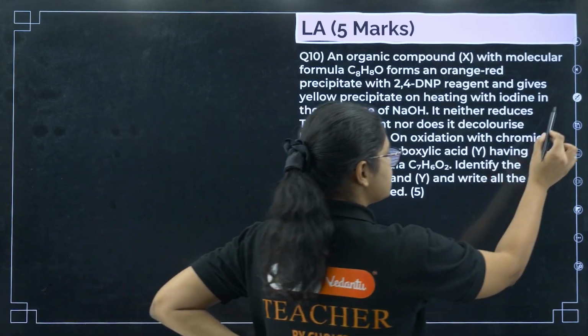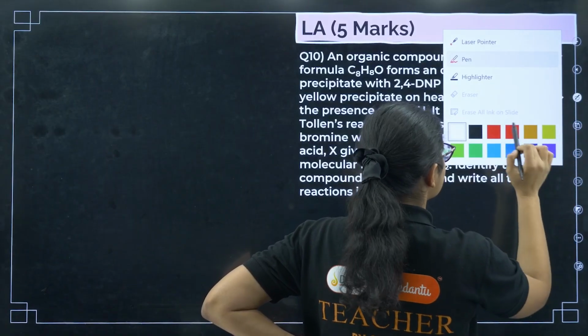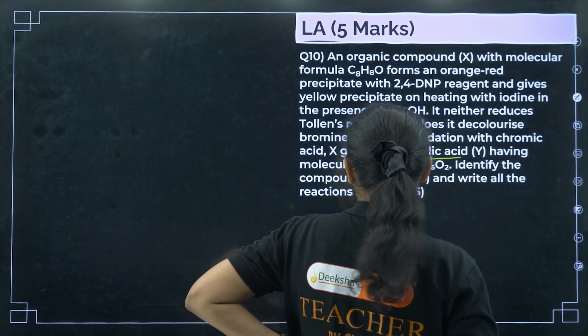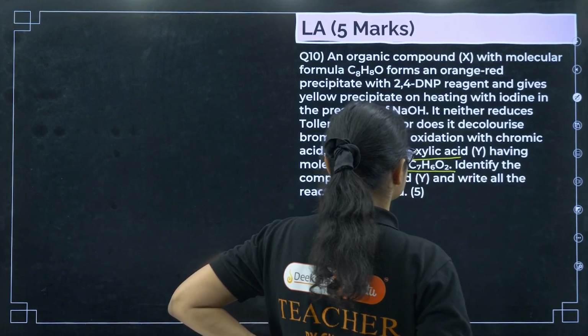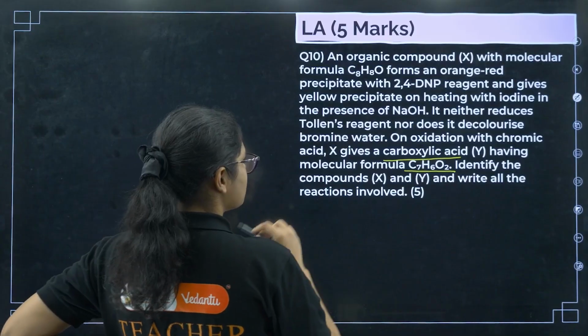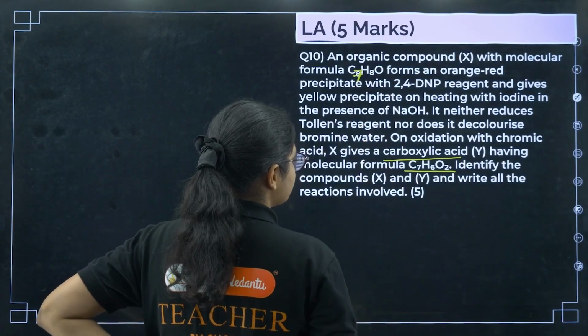Okay, so let us see here. On oxidation, it gives a carboxylic acid Y having the molecular formula C7H6O2. I think there is a small error in the question, this is C7H8O. Okay, so let us see now.